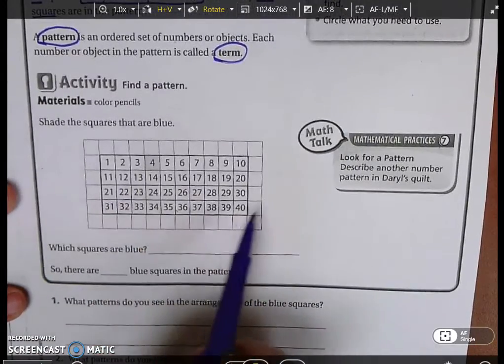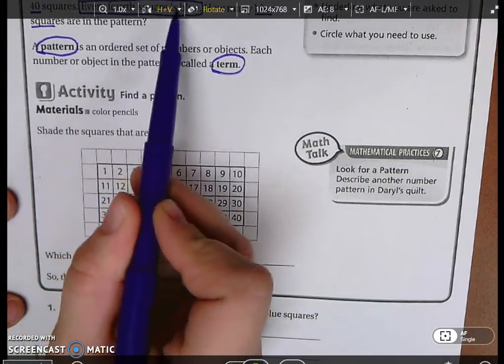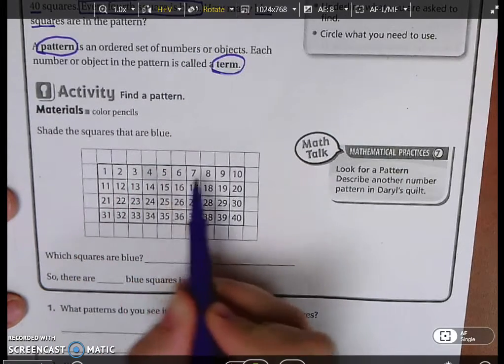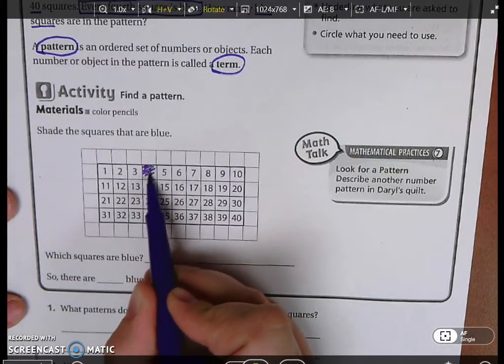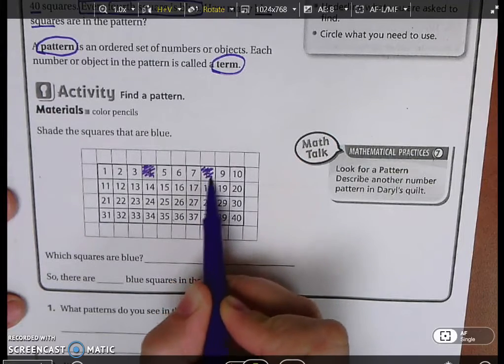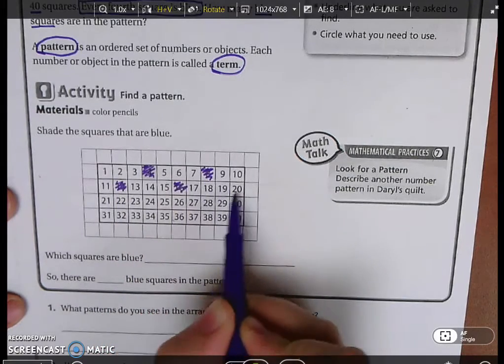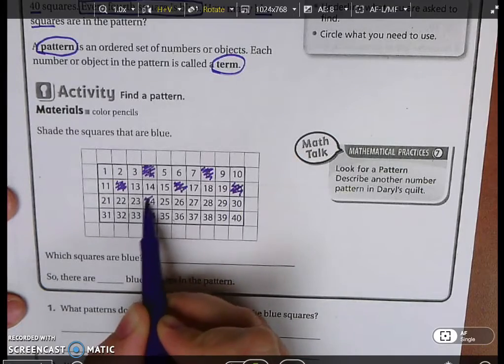So here we're going to do exactly what he said. Every fourth square is blue, so we're going to shade every fourth square. The 4 is already shaded for us. 1, 2, 3, 4. 1, 2, 3, 4. And we're going to keep going on that pattern.